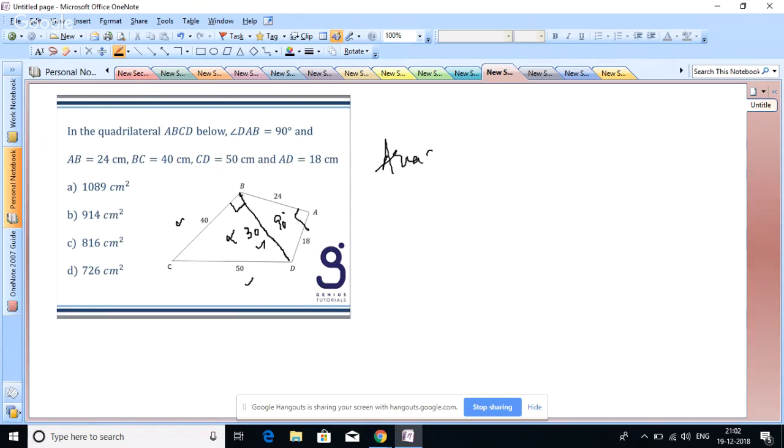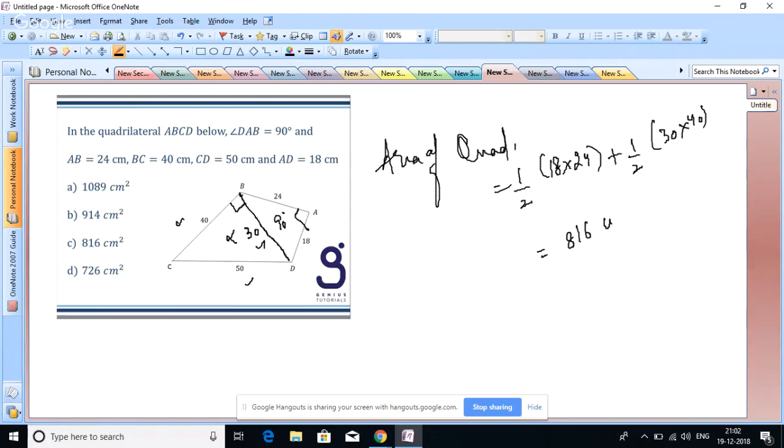So what will be the area of the quadrilateral here? Area of the quadrilateral will be half into 18 into 24 plus half into 30 into 40. You just solve this and you will get 816 centimeters square as your answer. So the correct answer to this question is option C.